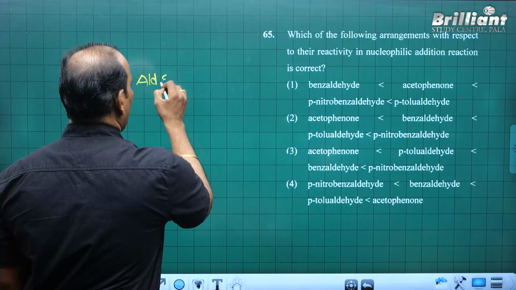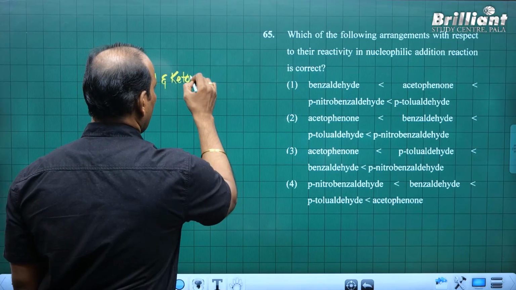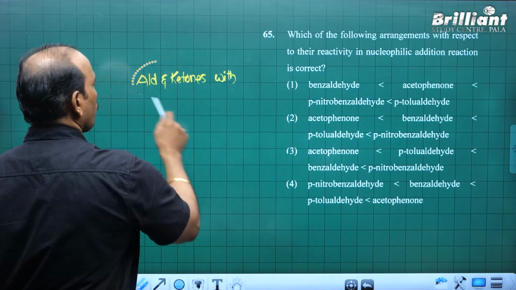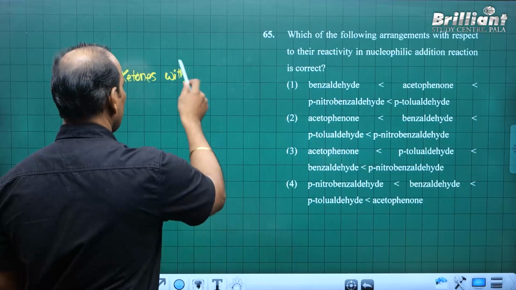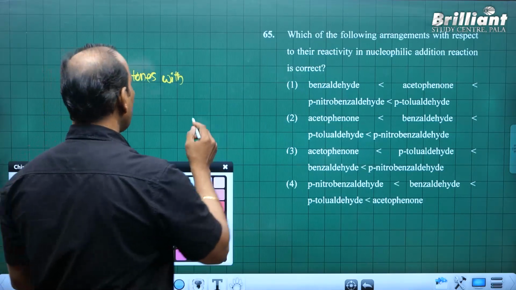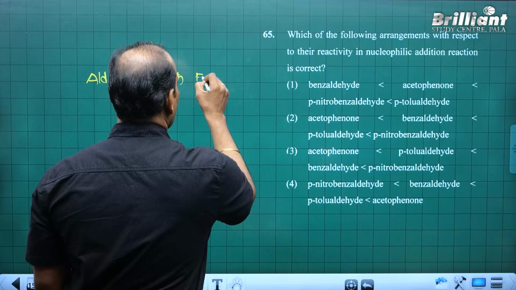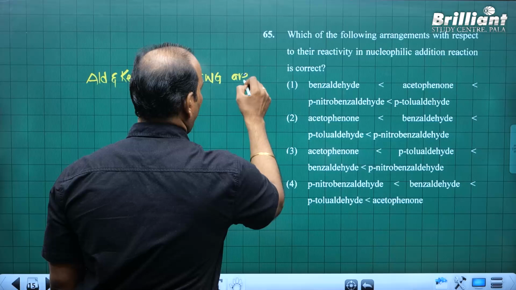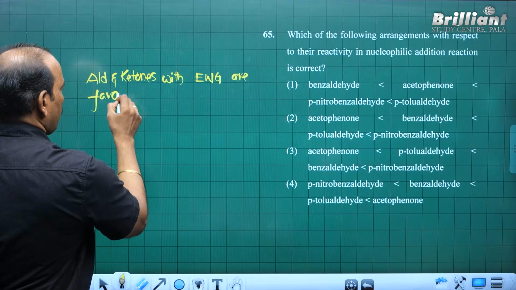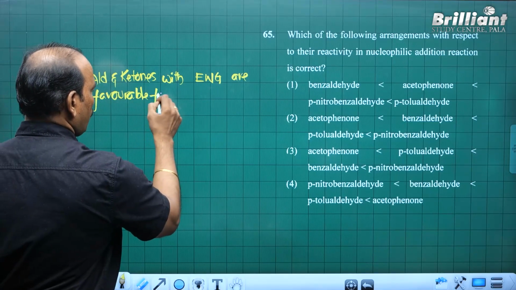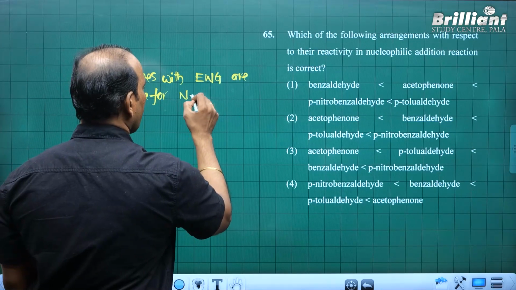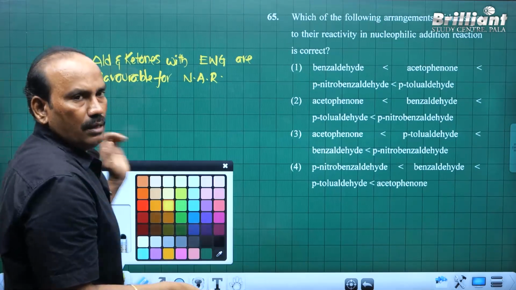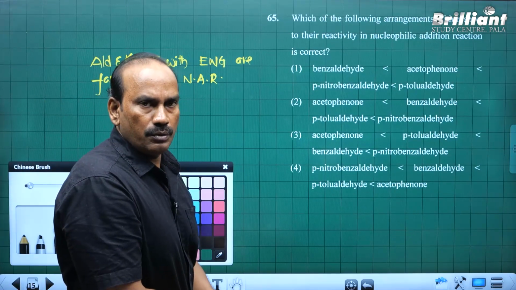That's why aldehydes and ketones with electron withdrawing groups are favorable for nucleophilic addition reaction. Therefore, we are talking about generally aldehydes, benzaldehyde, ketones, aromatic ketones.